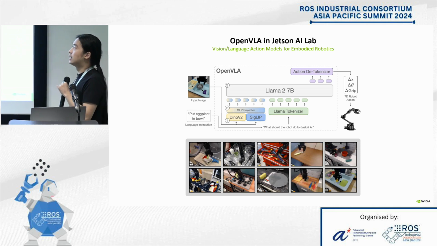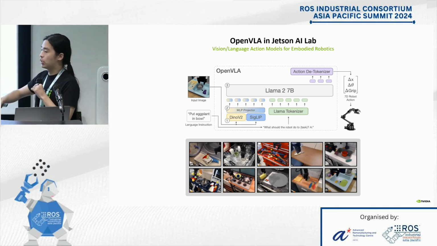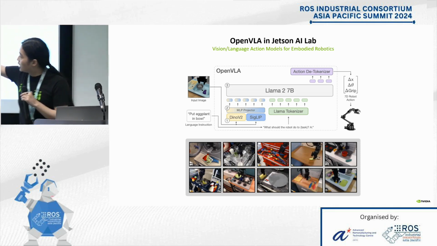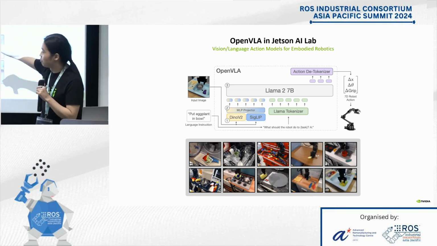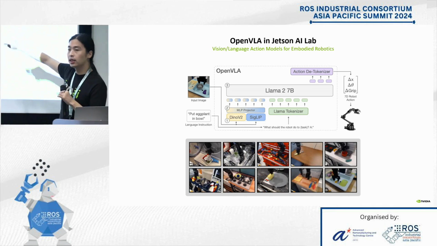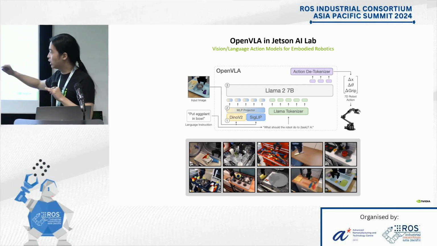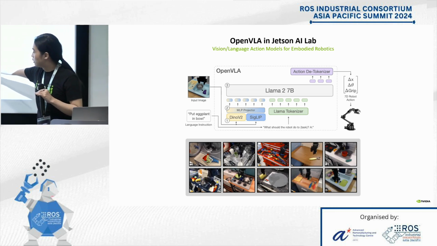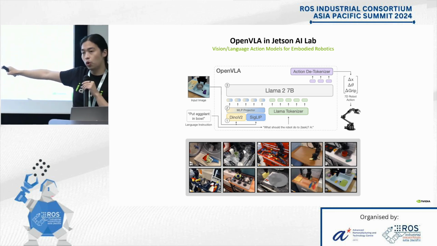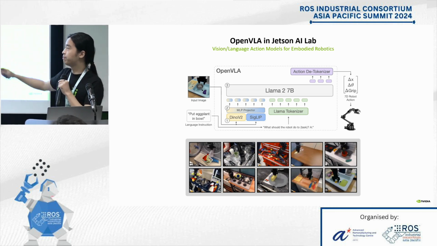And one thing is VLA. Like I mentioned, combining visions, instructions, and actions into a single model. So this single model can look at the surroundings, understand what you ask it to do, and do it.